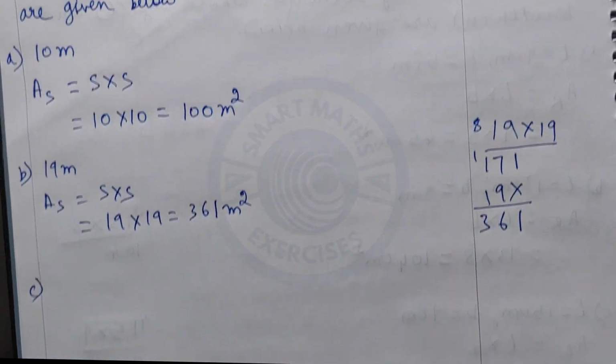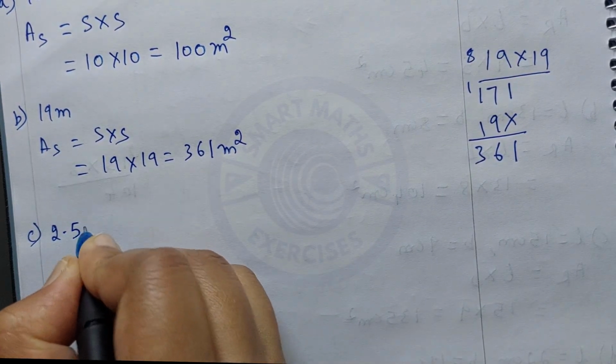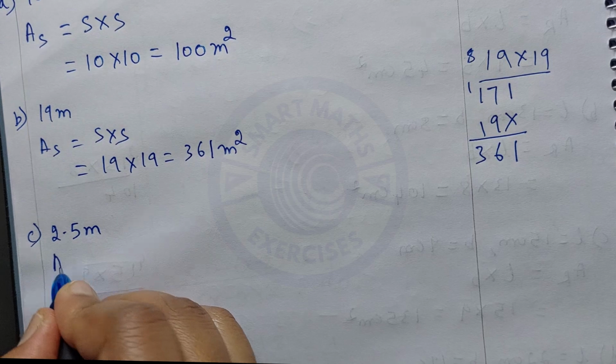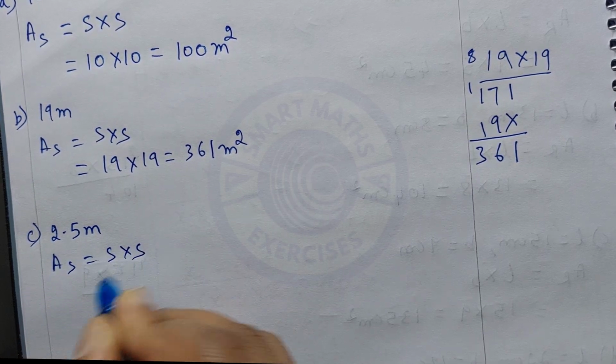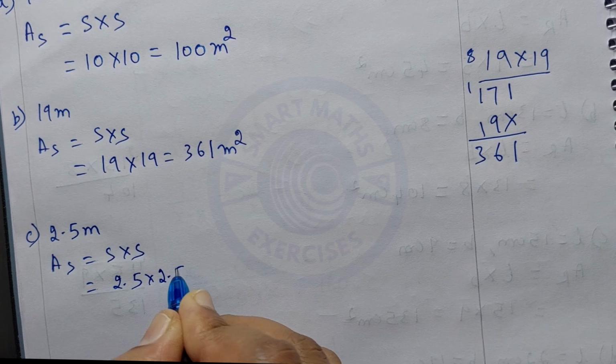C. 2.5 m. Area of square equals side into side. Side is 2.5 into 2.5.